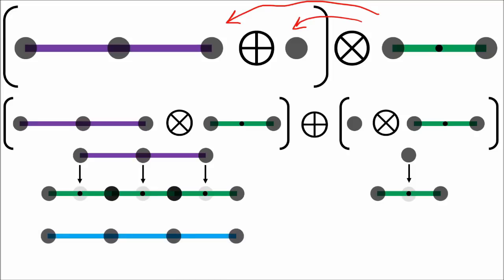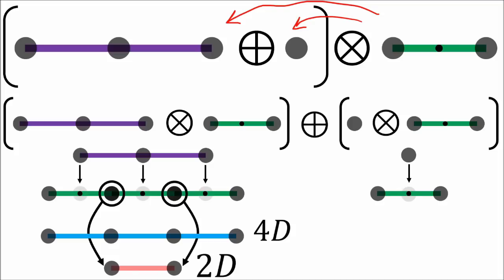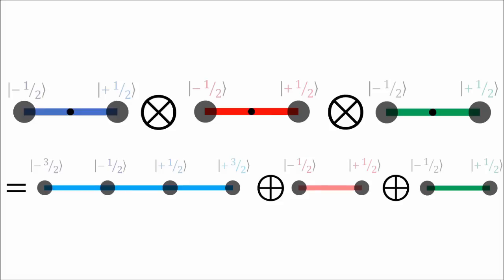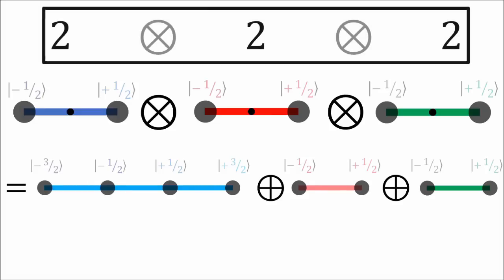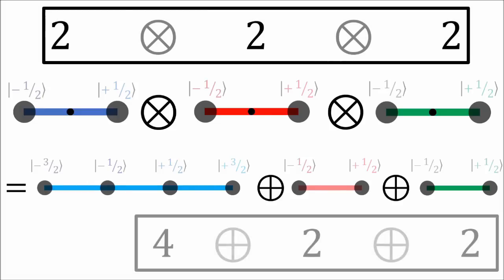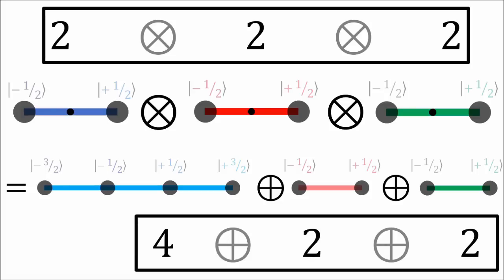The first term in the sum gives us a 4D irrep. However, since there are 2 node overlaps, a 2D irrep also pops out. And the second term gives us a 2D irrep. In this way, we see the product of 3 2D irreps gives us the sum of a 4D irrep and a pair of 2D irreps, as we saw before.